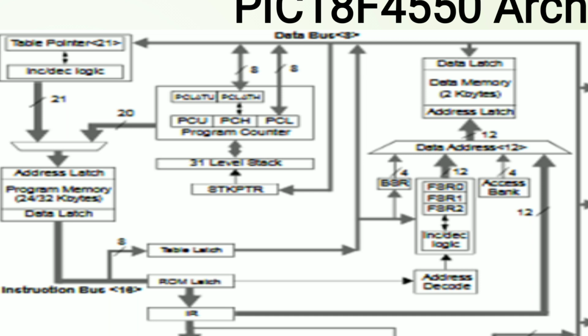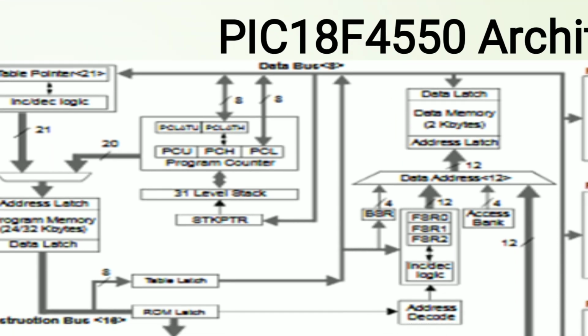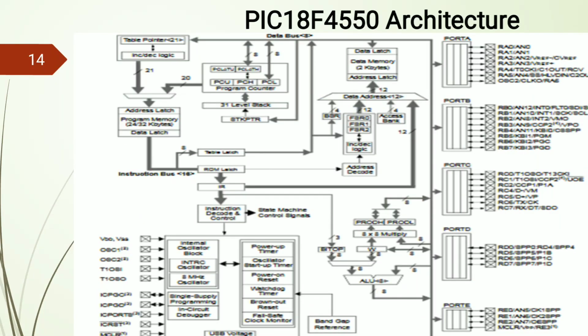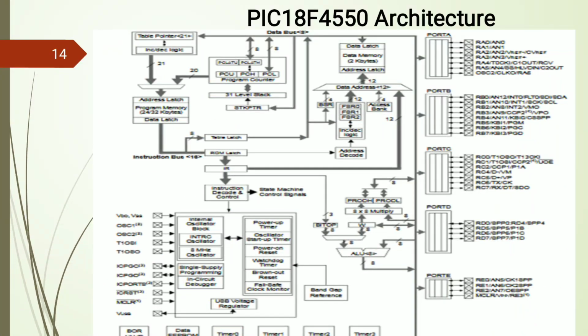Along with that, stack levels are improved. Here 31 stack levels are available in the PIC 18F microcontroller. So PIC 18F is also an 8-bit microcontroller, but memory capacity is enhanced because the program counter capacity is increased.